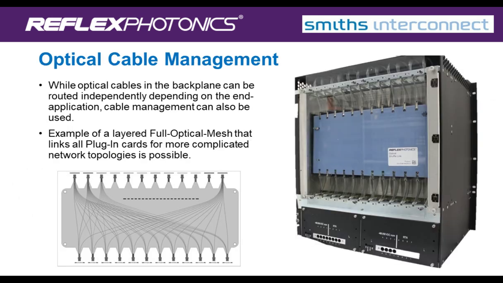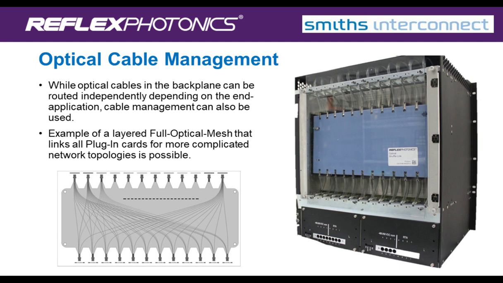The last thing I want to talk about is maybe cable management. One way to deal with the cables coming out the backside of the chassis is that you can either strand them, you can go off to another machine, you can cable them up with rugged cabling, but there is also the idea of cable management within the chassis itself.